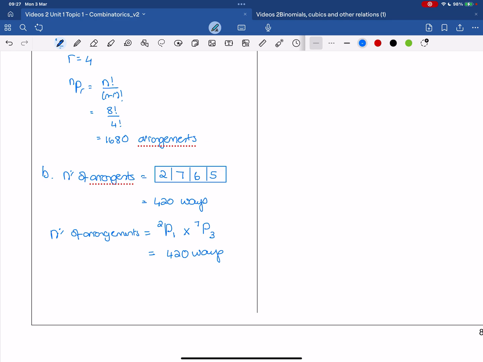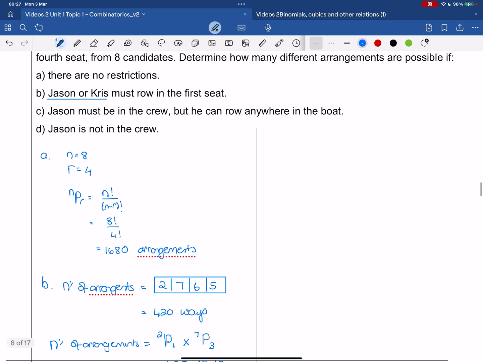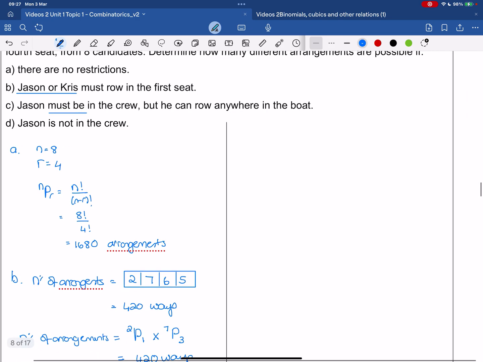Okay, now Jason must be in the crew, but he can row anywhere. Okay, so we have to select Jason. So doesn't matter where he's sitting, but we have to select him. So we have a number of arrangements. And we have to select him.